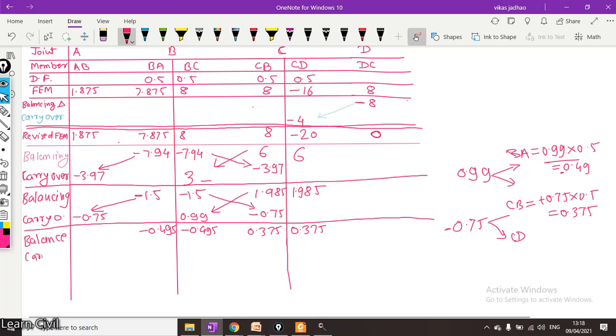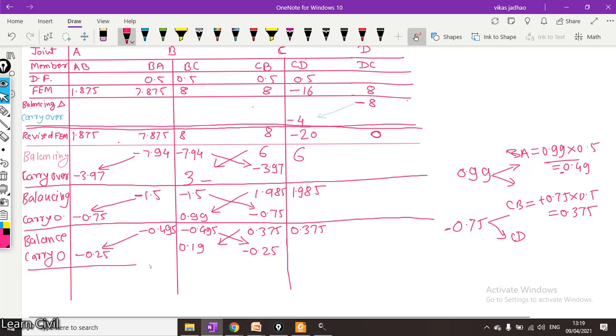Again go for carryover. Half of this moment will be carried over here, so this will be minus 0.25. Half of this moment will be carried over here, again minus 0.25. Half of this moment will be transferred here, so it will be 0.19.